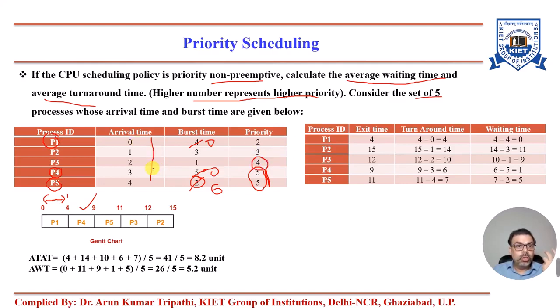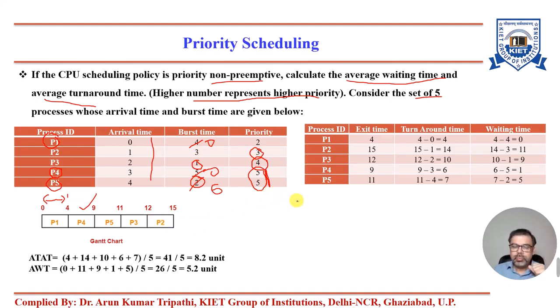Here 4 is the priority for the process P3, so P3 will execute. It requires only one unit of time. And at the last, the process P2 will execute, which requires 3 units of time. So this is the concept behind the priority algorithm.